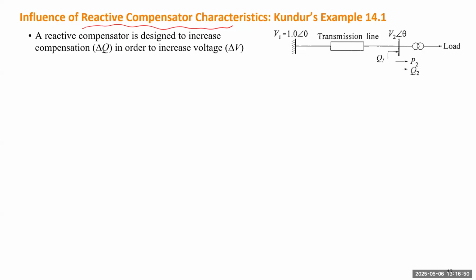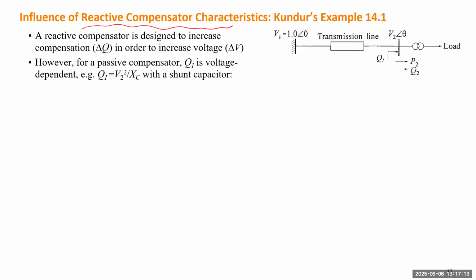For this reactive compensator, we can assume it's made of a bank of capacitors or reactors, and it has some automatic control. It can increase the reactive power compensation in order to increase voltage.